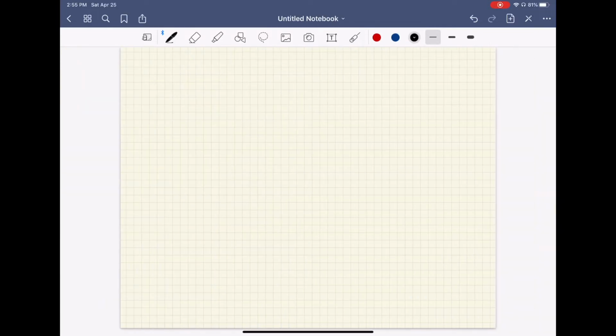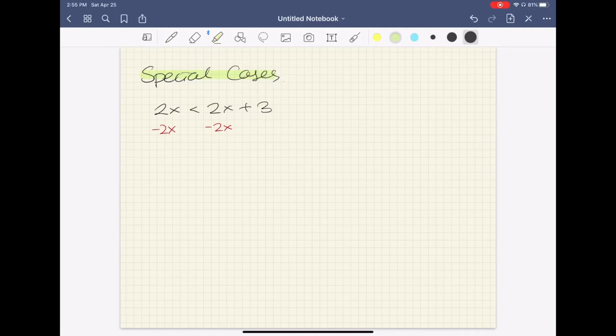Let me give you guys an example. If I have a linear inequality like this, 2x less than 2x plus 3, and we're trying to solve it the same as linear equations, we'll be subtracting the 2x just to get rid of this term on the right, right?